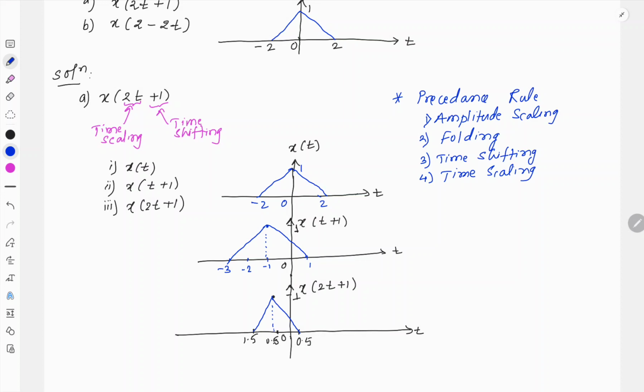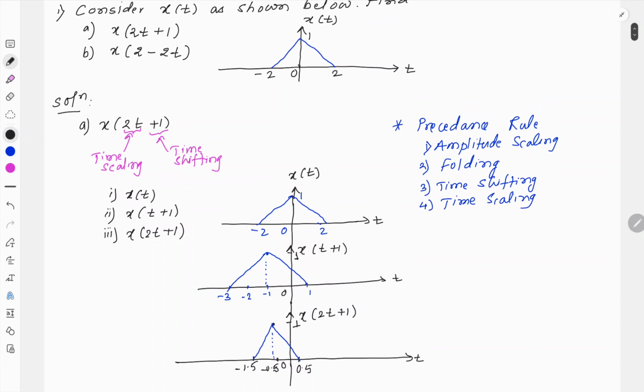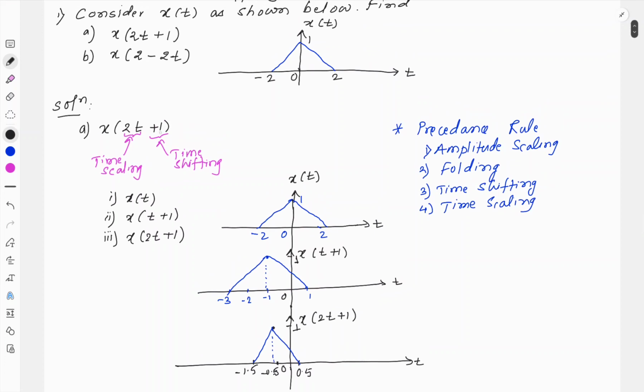So this is the negative time axis; let us mark it negative. This signal undergoes the compression, and this is how we get the required equation x of 2t plus 1. So this completes the first part. Remember, you have to draw the three variants in this case step by step depending on the precedence rule. Follow the sequence of operations and you will get the correct answer.